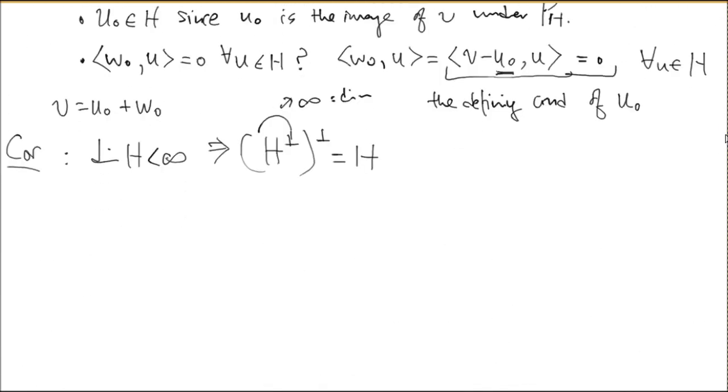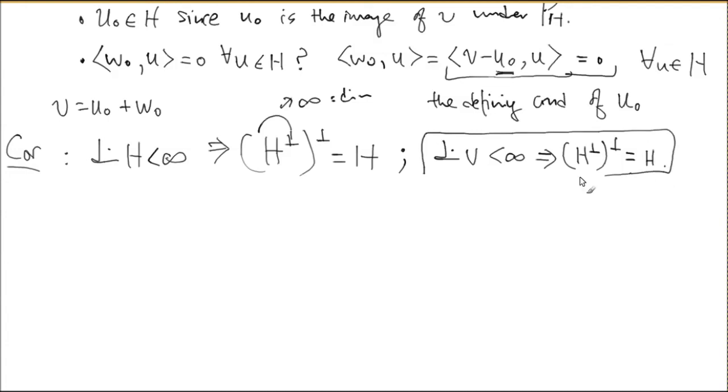Let's see, I have one more statement I wrote down here. This is also another corollary. If the dimension of V is finite, then of course the subspace H is going to be finite dimensional, so this holds also true. People introduce this statement in courses like this: in a finite dimensional space, H perp perp is going back to itself, but you can do a little bit better.